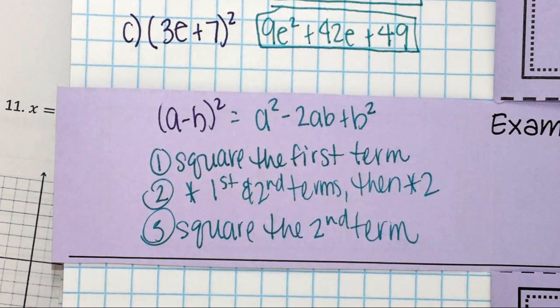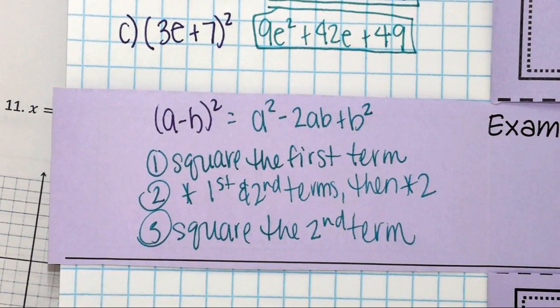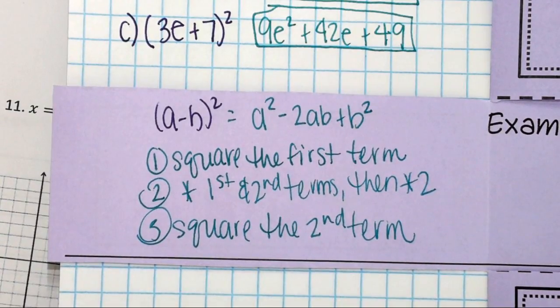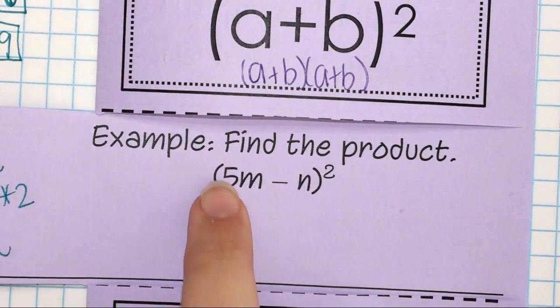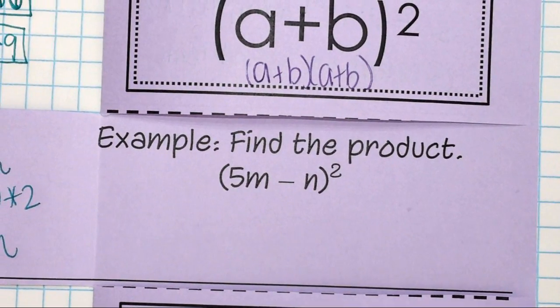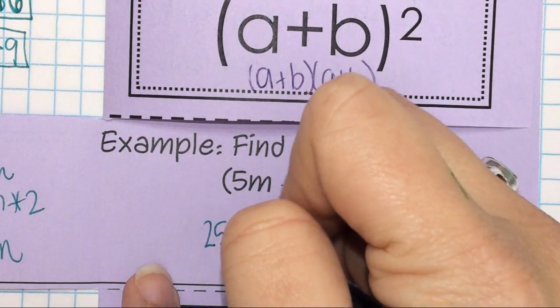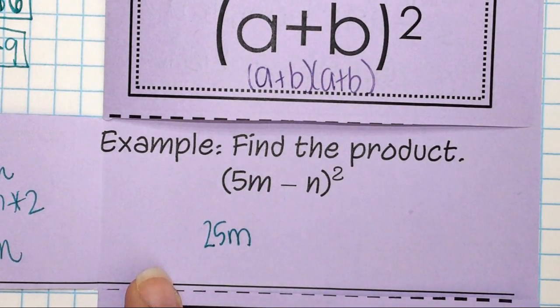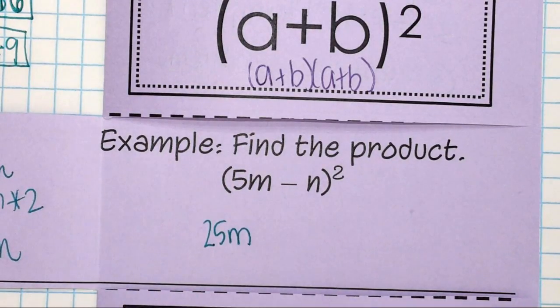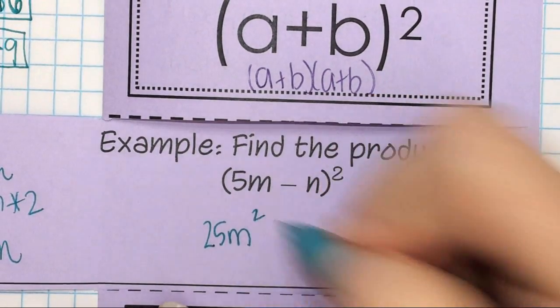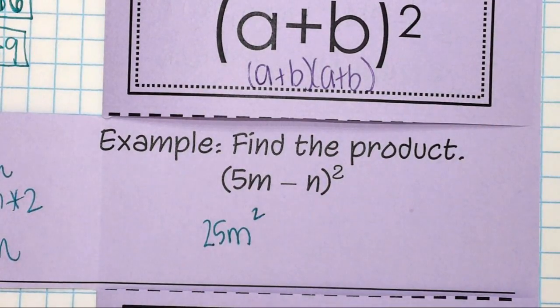Okay, let's work out our first problem. Are you done writing? Alright, so on this one, if we square the first term, what is 5m if we square it? 25m squared. Take a point now. Write it down.